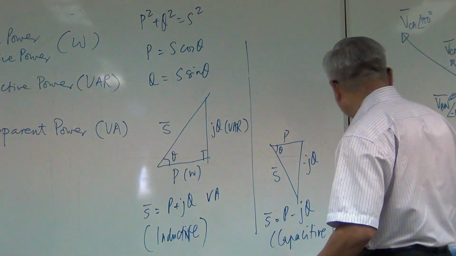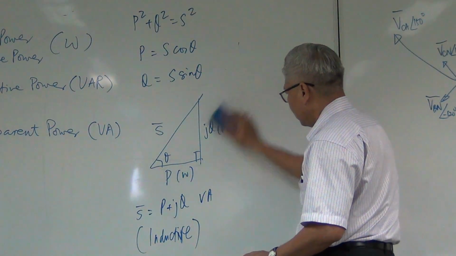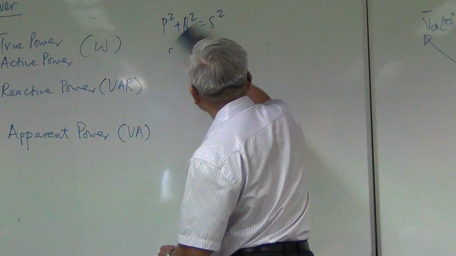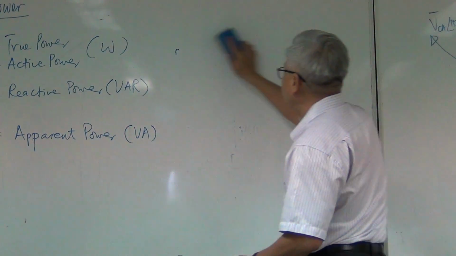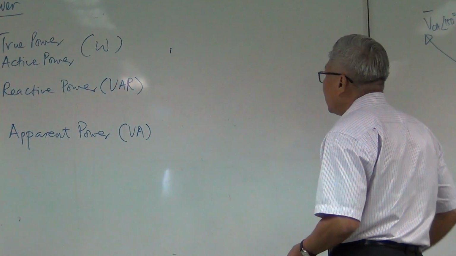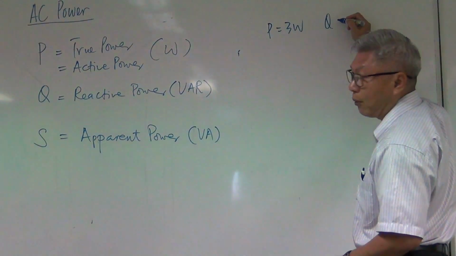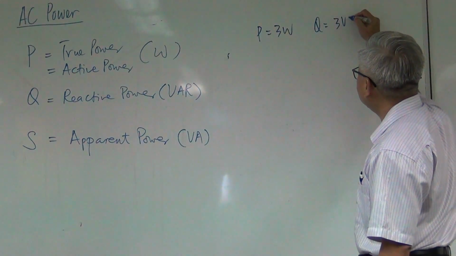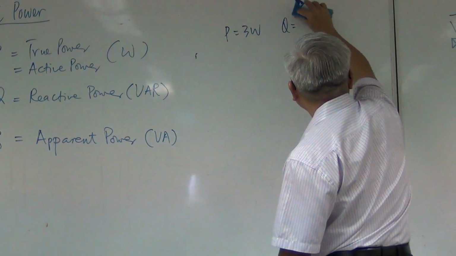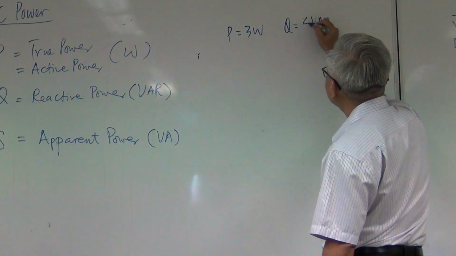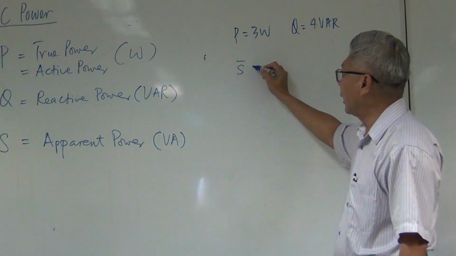Let us go through a simple example. If I were to tell you that in an AC system, the true power is equal to 3 watts, and the reactive power is equal to 4 VAR, then you're asked to find the apparent power.